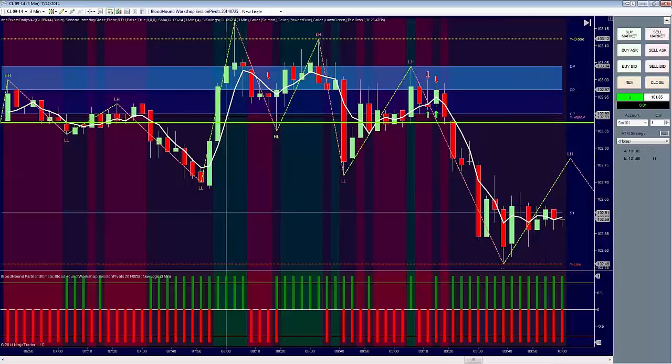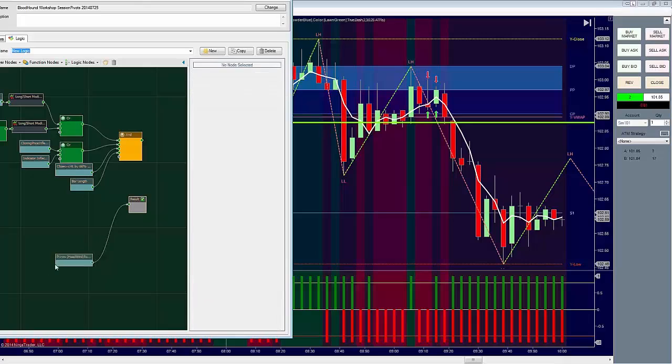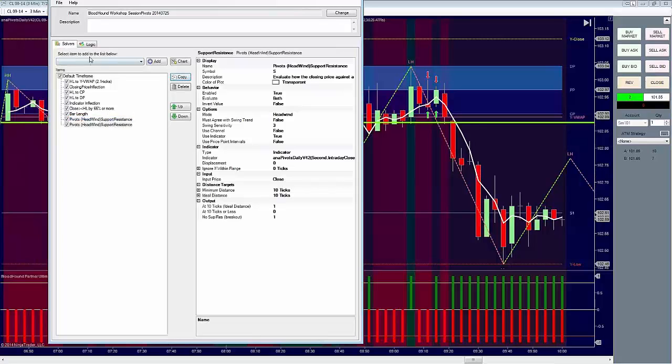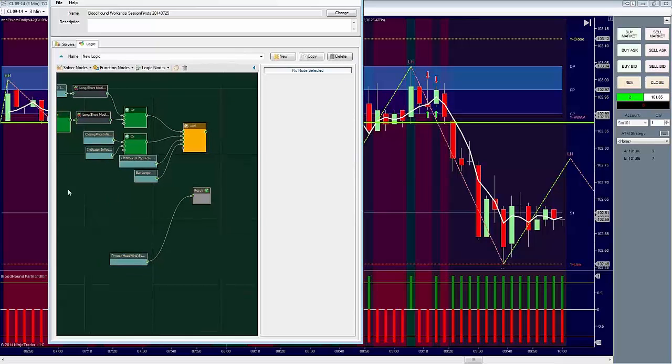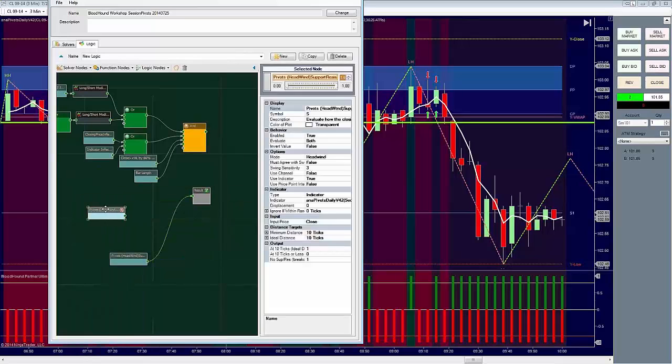So now let's change this. Actually, I'll leave that. I'll set this to headwind. All right, and then I'll copy that, add it to the logic tab and set this one to tailwind.